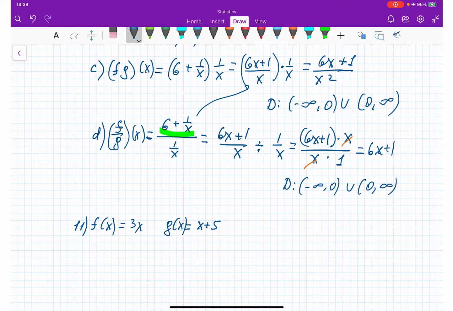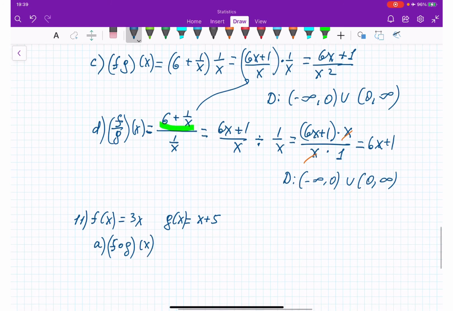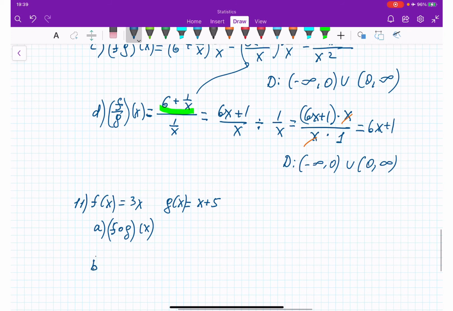It is going to be the composition. We need to find the composition of f with g. This circle means composition. Composition of f with g of x. Next, we need to find the composition of function g with f.